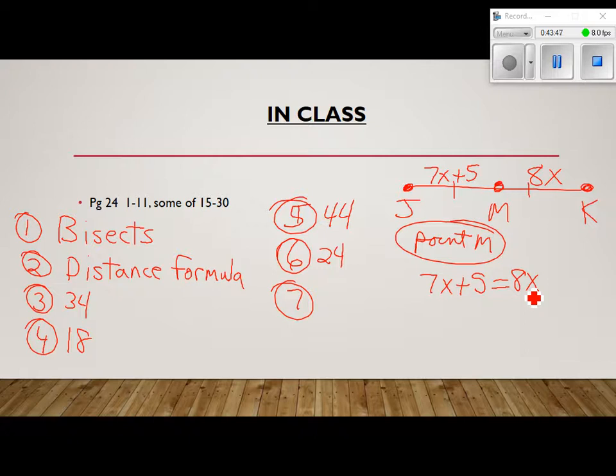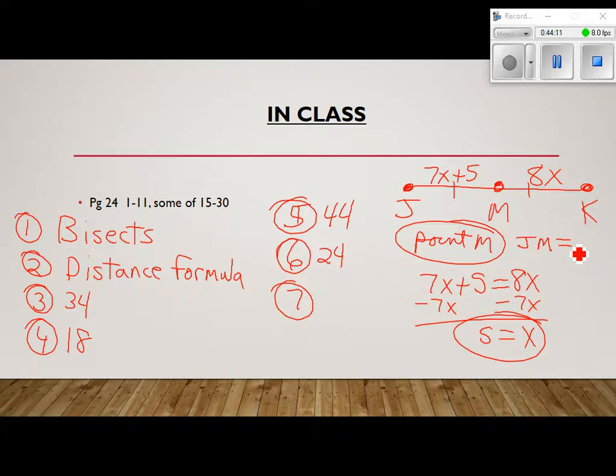What do I do here to solve this? Minus 7x. So just x. x equals 5. What'd they ask us to find? JM. So we want to find the length of segment JM. How are we going to do that if we know x is 5? Plug it in. Now, I probably would not plug it in right there.